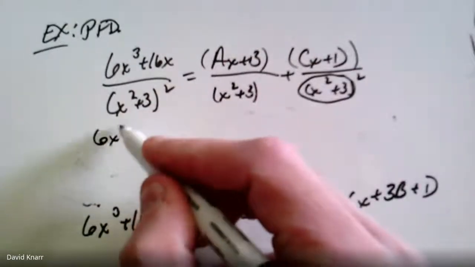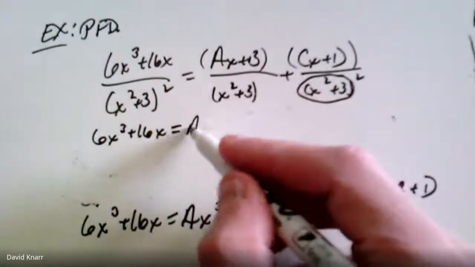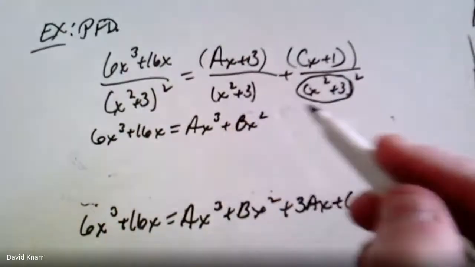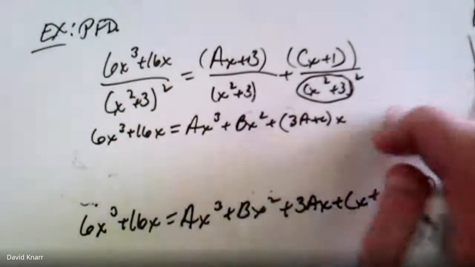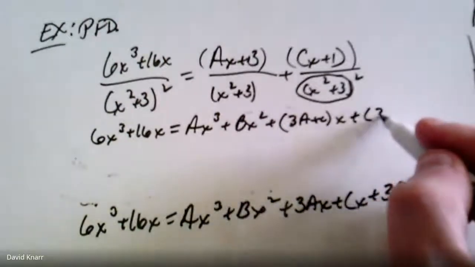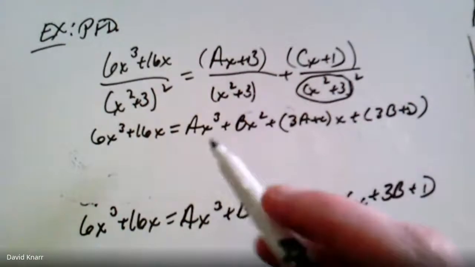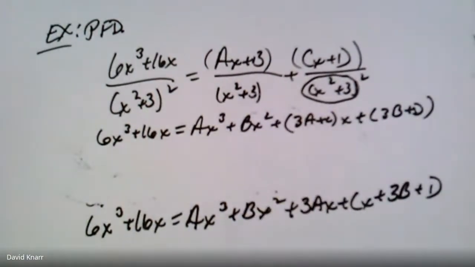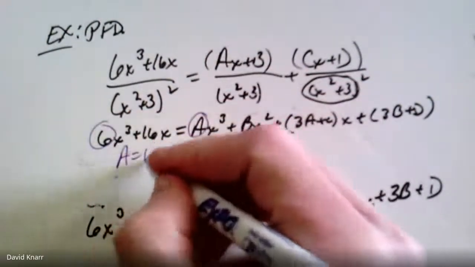So we have 6x cubed plus 16x equals Ax cubed. There's nothing to factor out there. Bx squared, nothing to factor out there. We have a 3A plus C; I can factor x out. And then we have a 3B plus D. Let's see what we got. Ax cubed is equal to 6x cubed, so that means A must be 6.